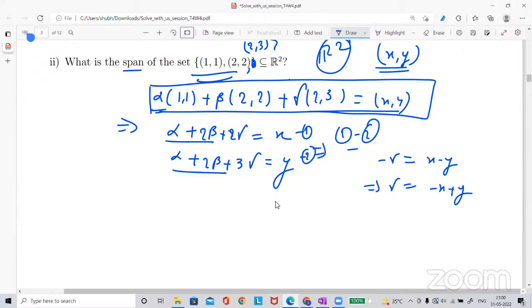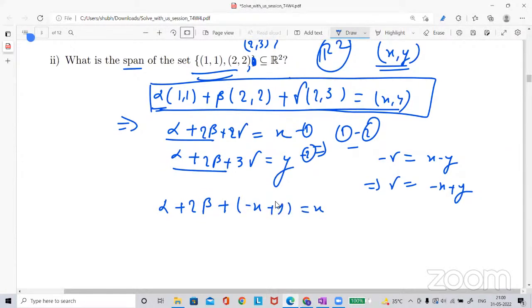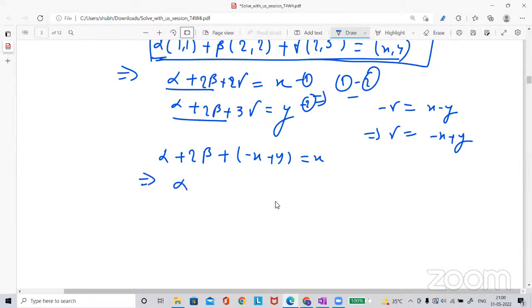Now just substitute gamma equal to minus x plus y into the first equation. It will give alpha plus 2 beta equal to 2x minus y. We are going to get infinitely many solutions for this.